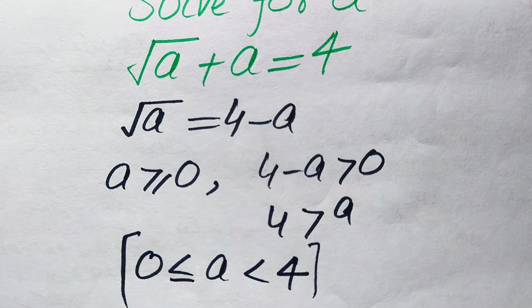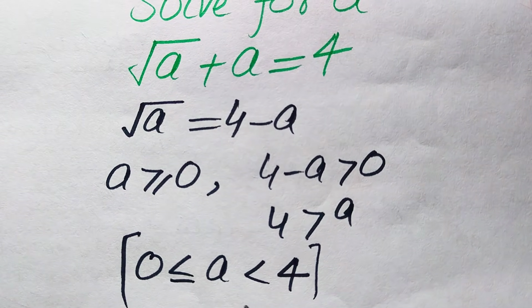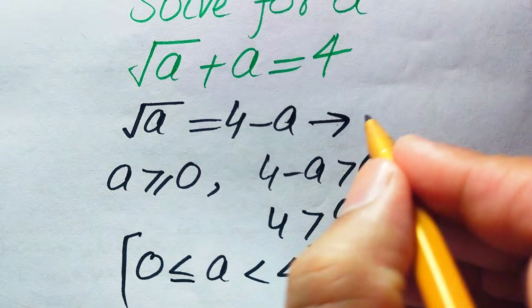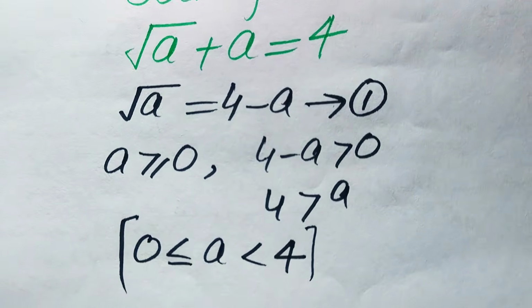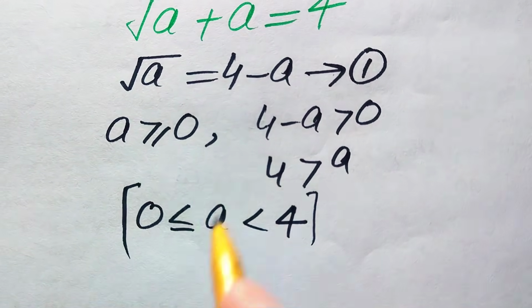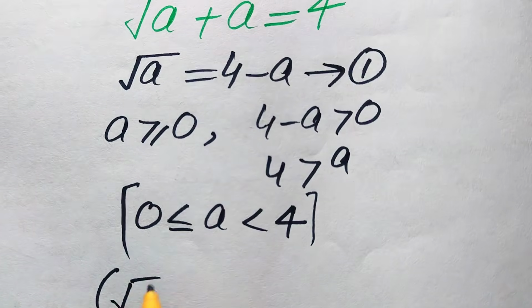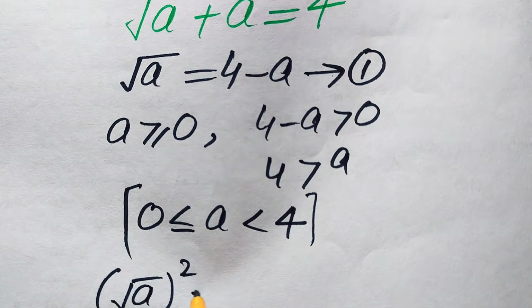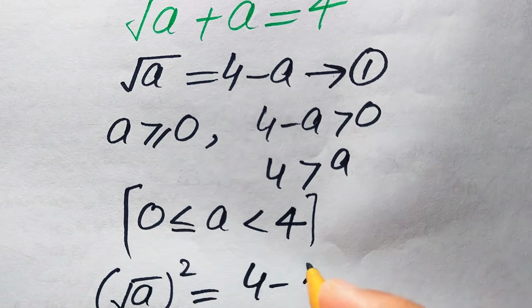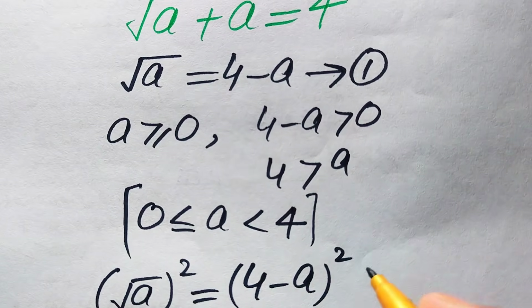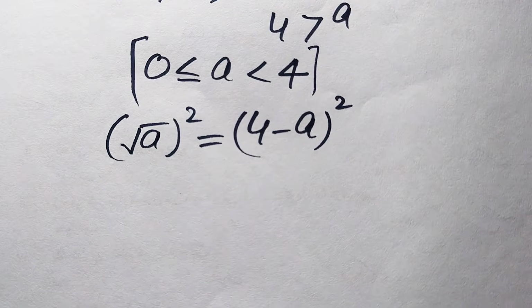Now we move towards finding the solution which lies in this interval, and we call this our equation number 1. Now we square this equation on both sides, and it will be written as the square root of a whole square equals 4 minus a whole square.